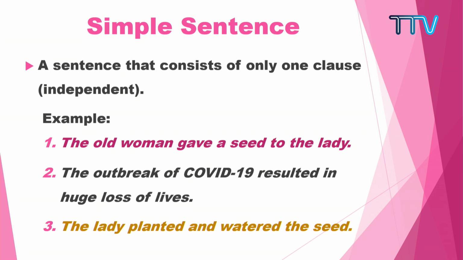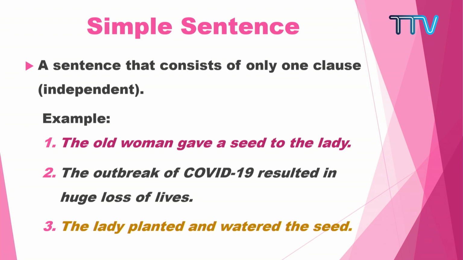The old woman gave a seat to the lady. The outbreak of COVID-19 resulted in huge loss of lives. Again, past tense. And in the third sentence, the lady planted and watered the seed. Here I just want you to notice, how many subjects are there? The lady, right? One.